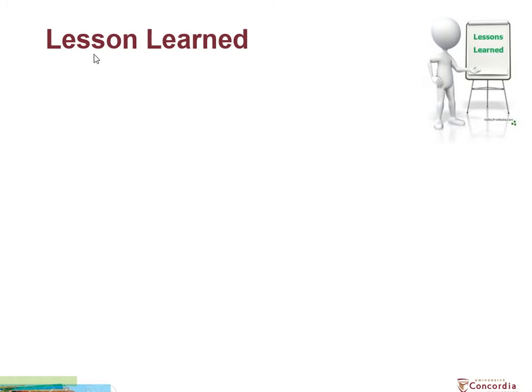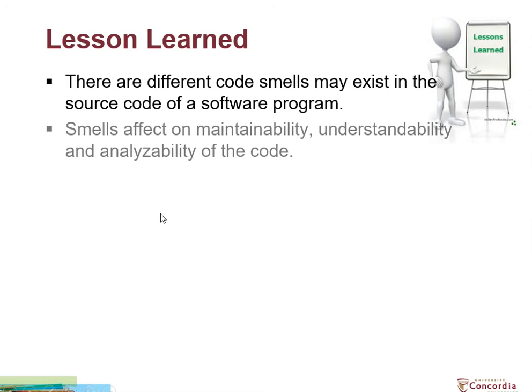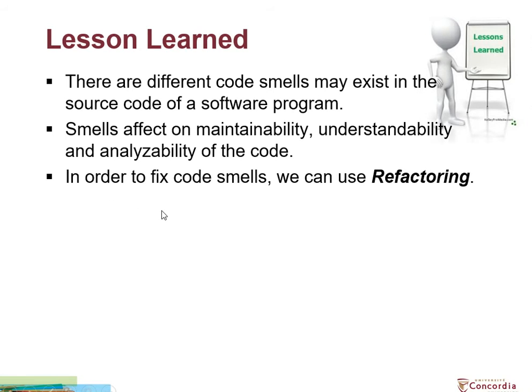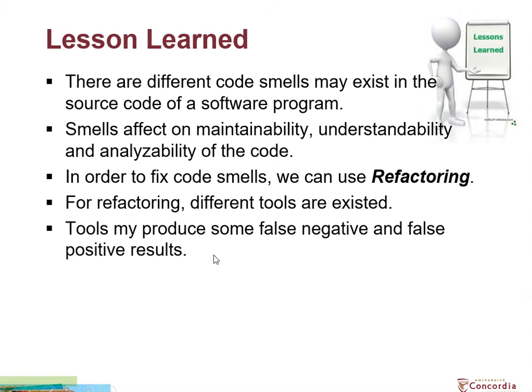At the end, we have some lessons learned. The first one, different code smells may exist in the source code of a software program. The smells affect the maintainability, understandability, and analyzability of the code. In order to fix code smells, we can use refactoring. For refactoring, different tools exist.